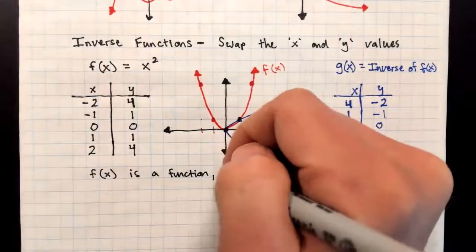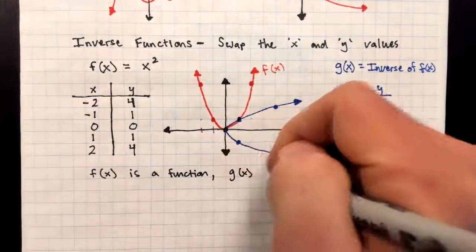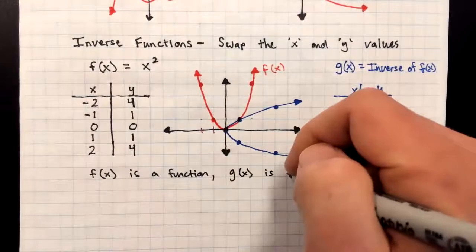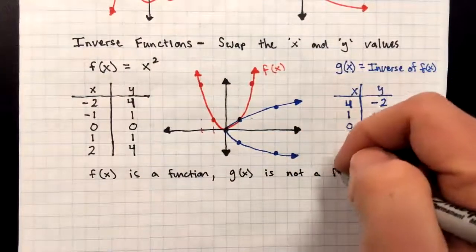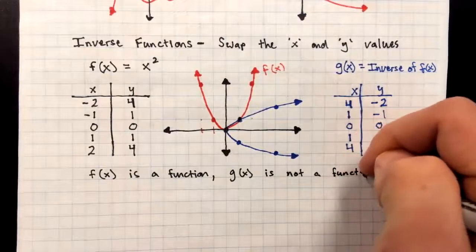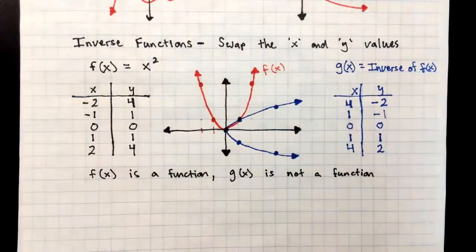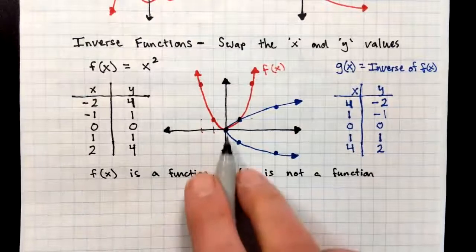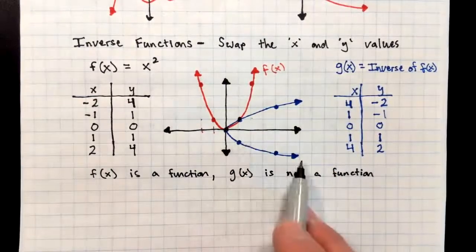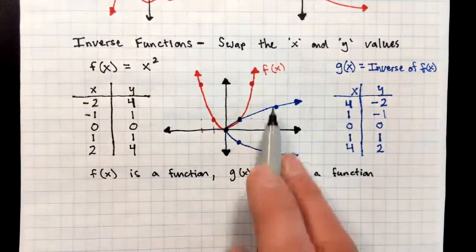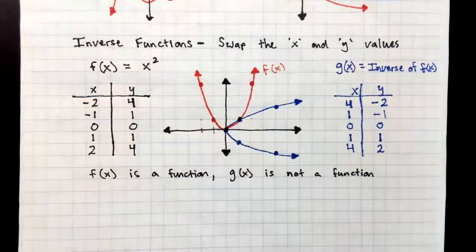Absolutely not. G of x is not a function. Once again, how do I know it's not a function? It doesn't pass the vertical line test.